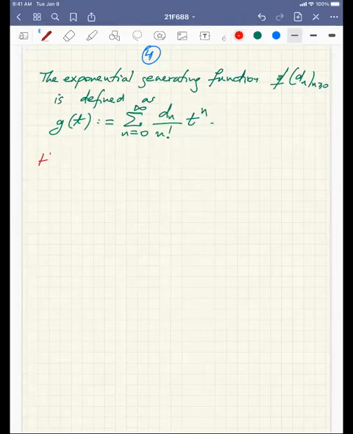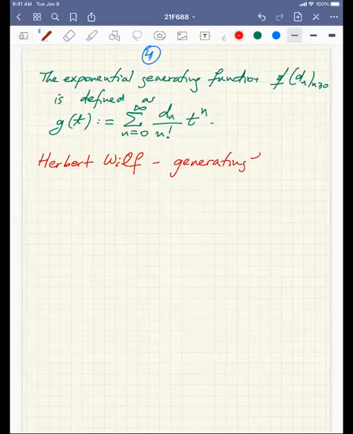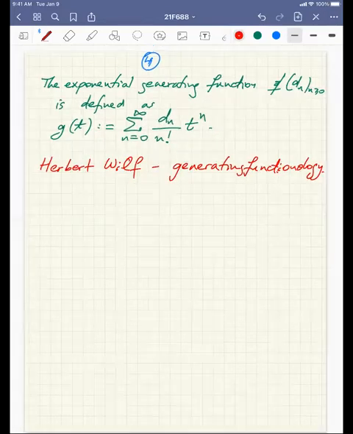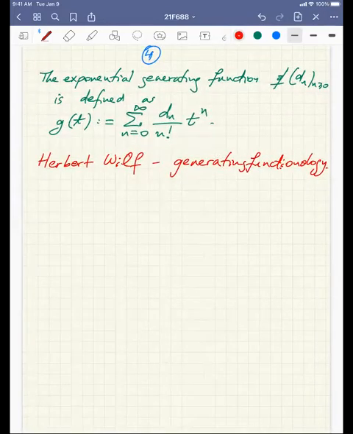There's a very beautiful book by Herbert Wilf, and it's a free book online, generatingfunctionology, I think. You can read more about it there, and also you can read more in the article on formal power series that I put on the Google Drive by Ivan Niven.